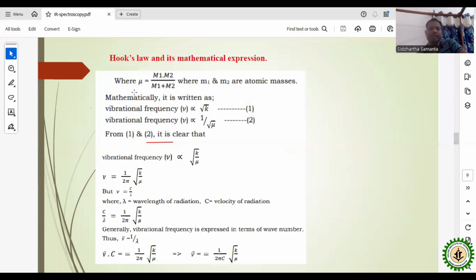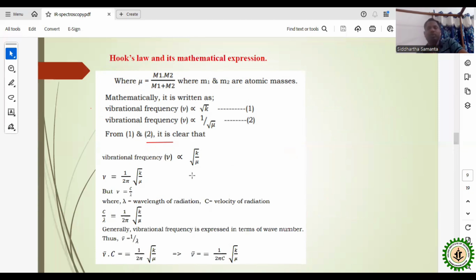This is the mathematical equation of Hooke's law, where mu is the reduced mass, equal to m1 m2 by m1 plus m2. So nu is proportional to root over of k by mu. This is a very important law, Hooke's law in IR.